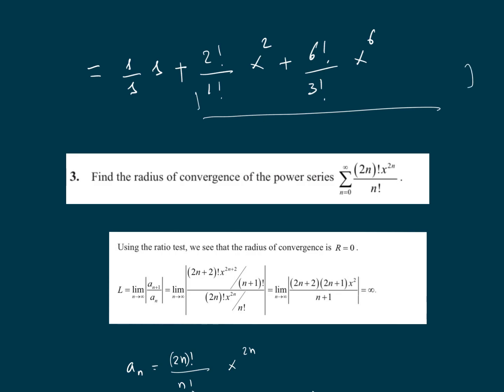So the sum will converge to 1. As a conclusion, the only point where the series converges is at x equals 0, where it converges to the number 1. At any other point x, the ratio test has shown that it will diverge. Then the radius of convergence is 0, because it converges only at the point x equals 0.